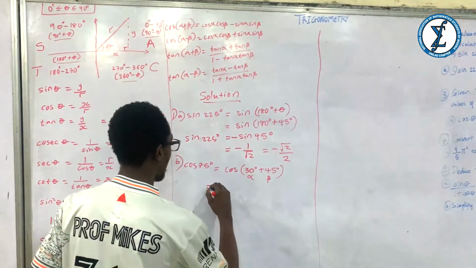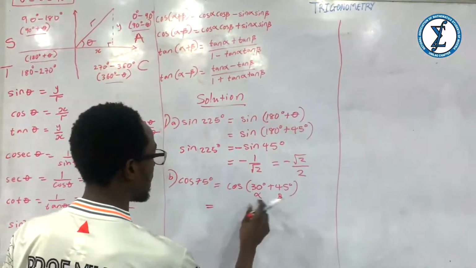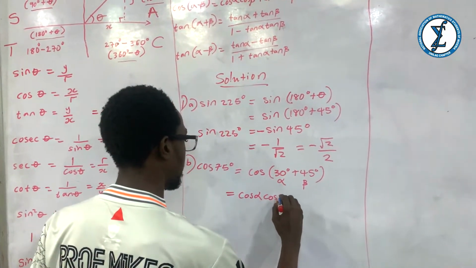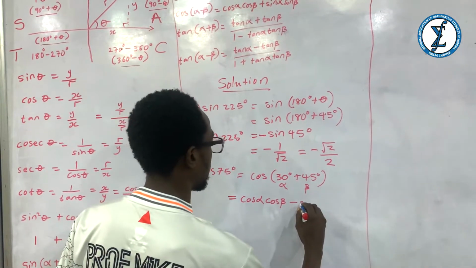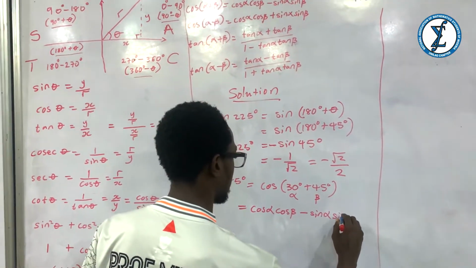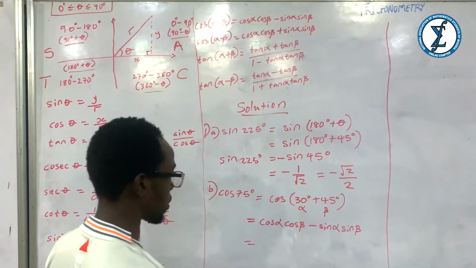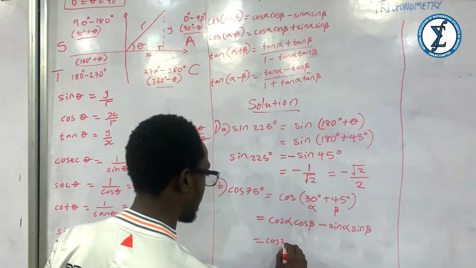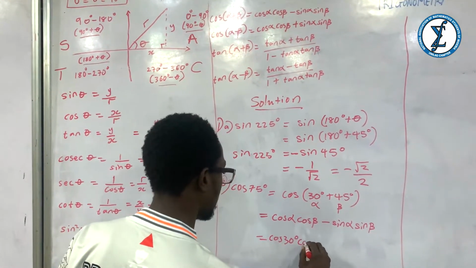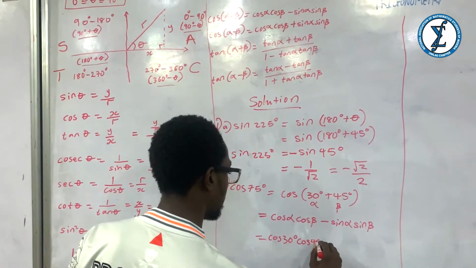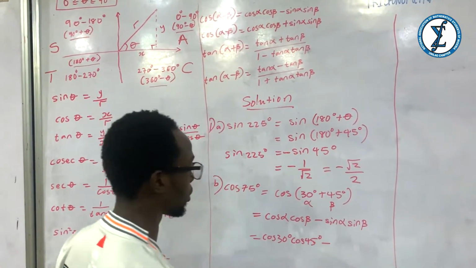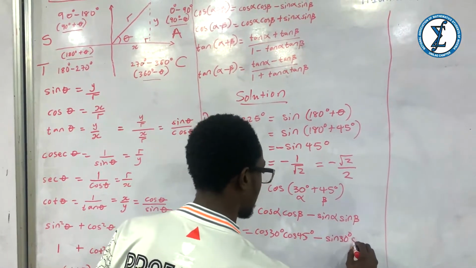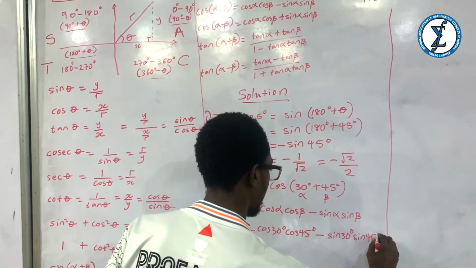And if we write that out using this identity, we have that cos of alpha plus beta will give us cos alpha cos beta minus sine alpha sine beta. And so our alpha is 30, beta is 45, so we have cos 30 degrees multiplying cos 45 degrees minus sine 30 degrees multiplying sine 45 degrees.